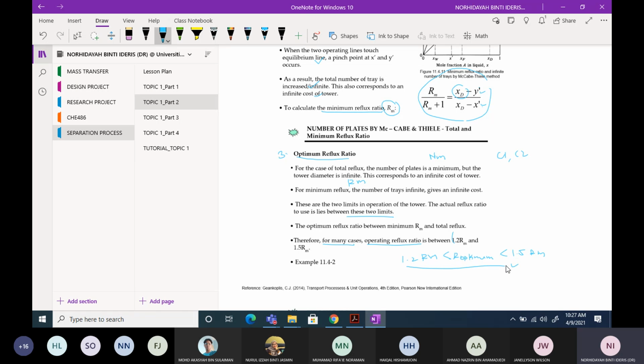Okay, so let's say that after this, inside your assessment you need to solve a problem. So kalau soalan biasa kalau sebelum ni, dalam non face to face closed book examination or closed book assessment, usually the question is exact, meaning you calculate the R minimum and take your optimum condition as 1.2 R minimum.